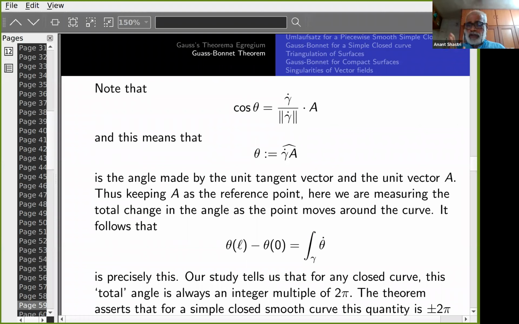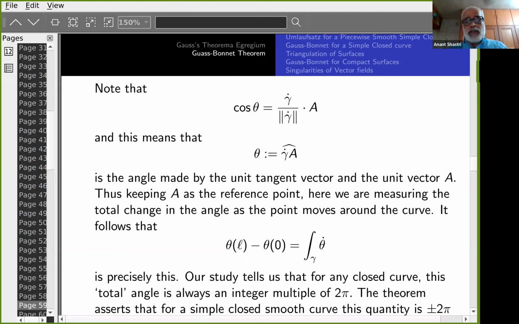By the way, you don't have to keep your eyes tangential. You can keep it normal also. Or you can hold a rod which is always perpendicular to the curve that you are moving along. You go around and come back, the rod would have just moved exactly 2 pi times. So it would have first changed its direction once, then the same direction again it will change once. So this is the interpretation of this one.